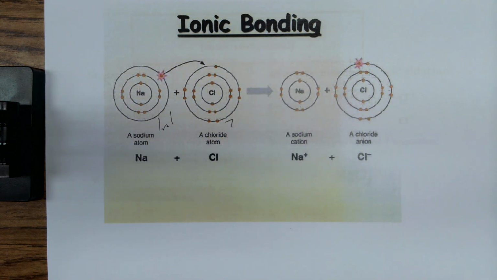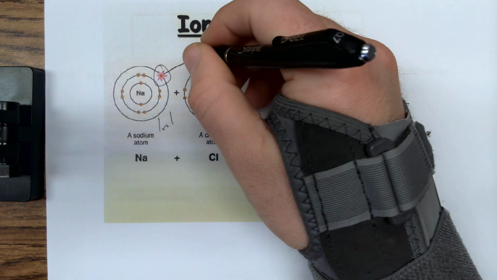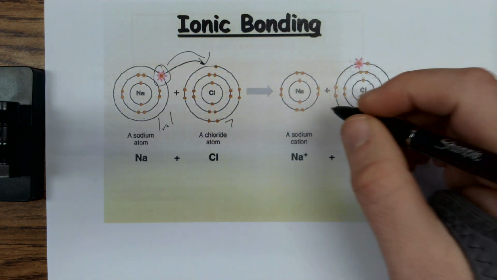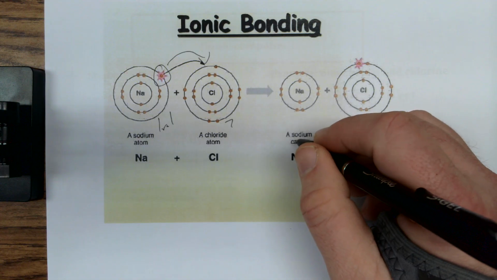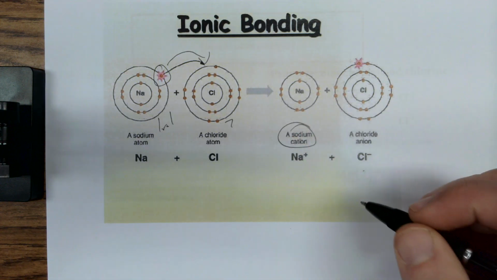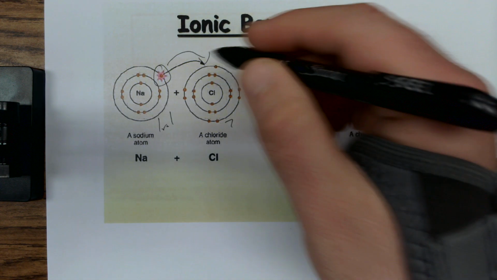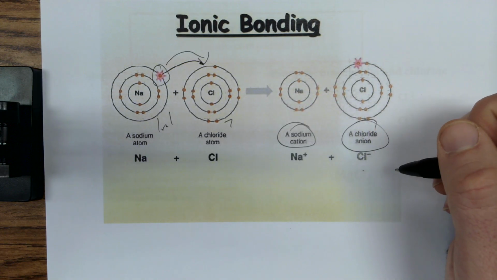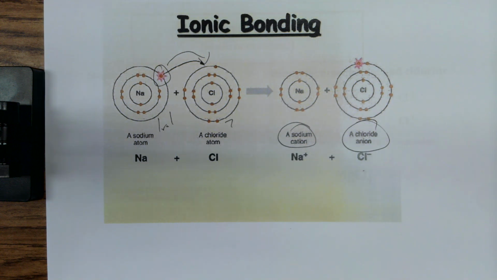Because of the electronegativity of chlorine being stronger than sodium, the 1 valence electron is going to be ripped away from sodium and given to chlorine, making sodium my cation, making it slightly positive. With that additional electron, my chlorine becomes slightly negative, my anion. And because of this reaction, they're going to be pulled closer together. Charges are going to pull them closer to one another. And that's how we form our ionic bond.